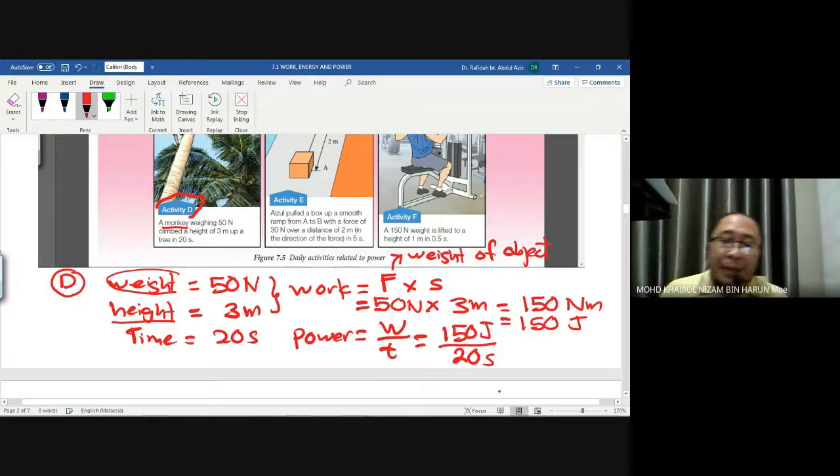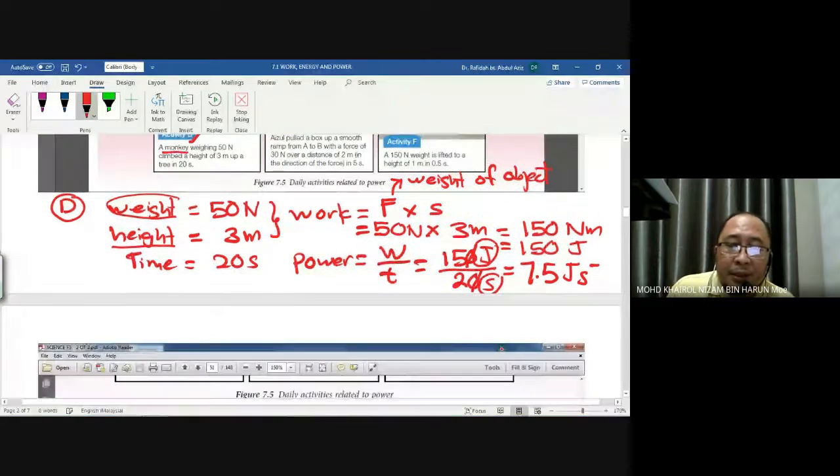So we will get 7.5, and the unit is joule per second. That is the first example on how to find power from the work done.